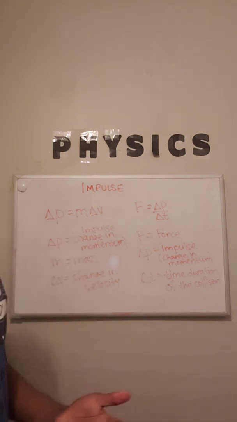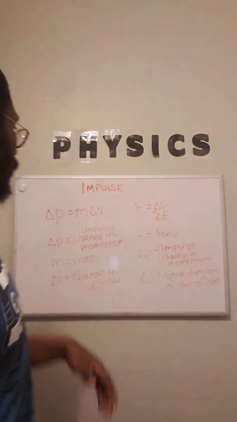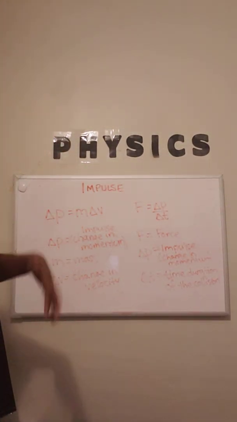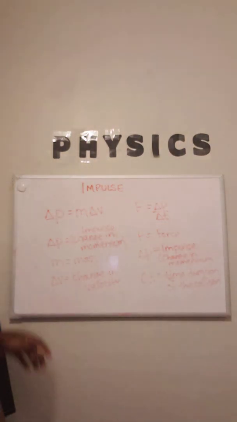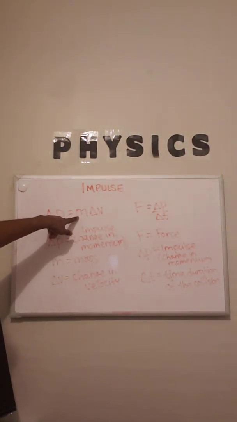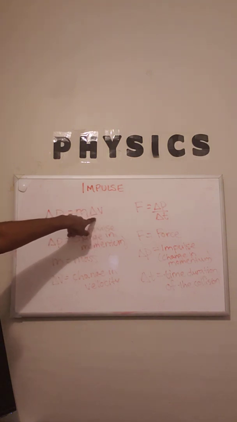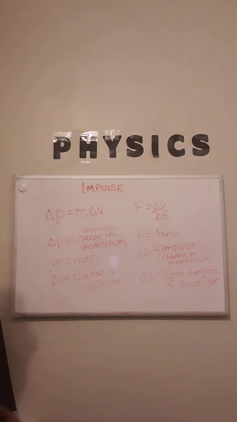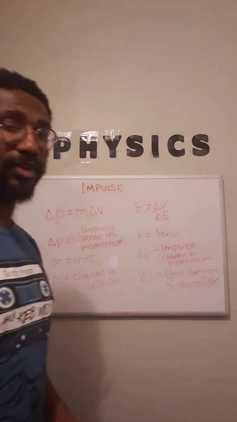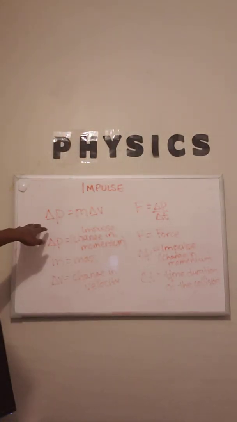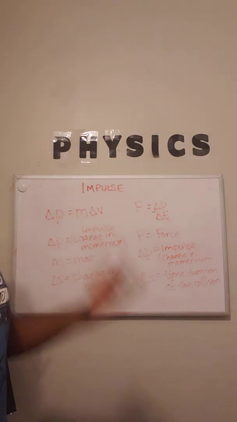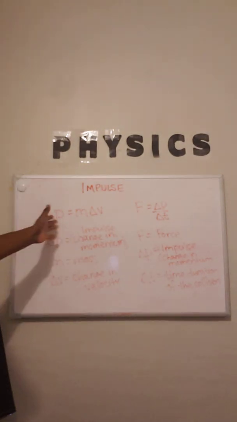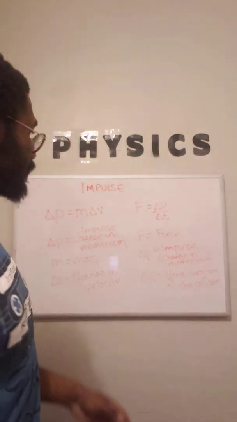P is momentum, so delta P is the change in momentum, or what we call impulse for short. M is mass, and delta V, again, we see the delta, which means the change in, and V is velocity. So delta V is the change in velocity. So we can see here, the change in momentum is mass times the change in velocity. Very close to the momentum equation.